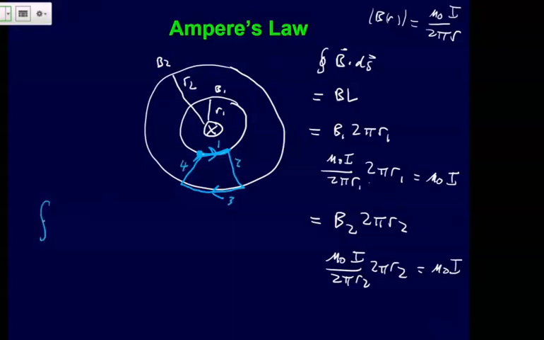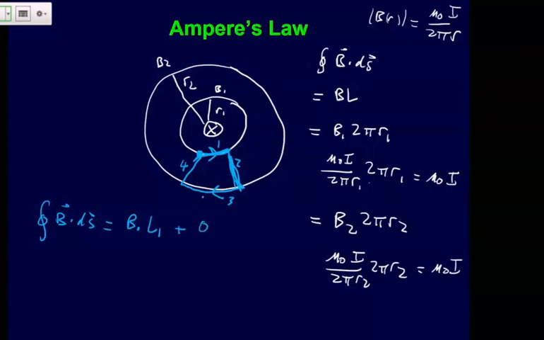And so if I was to do, again, this B dot ds in this case, I'd have contributions from the 4 legs. From leg 1, I'd have something like B1 times some distance, I'll call it L1. For leg 2, since I'm moving radially, the magnetic field is perpendicular, so that'd be plus 0.